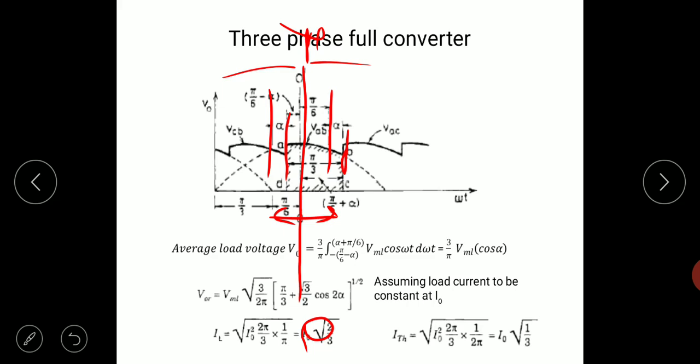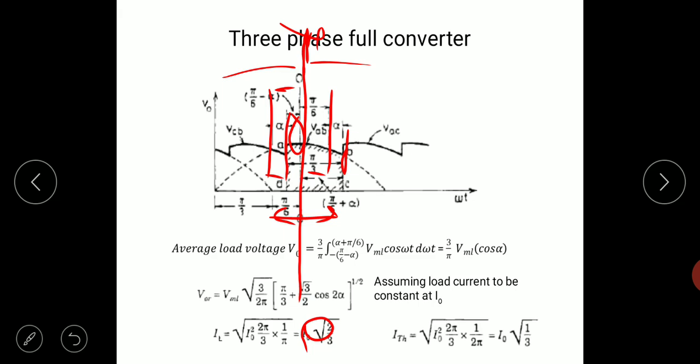So for this y-axis, this interval is now 30 degree minus alpha. Total is 30 degree and this much is alpha, so this becomes 30 degree minus alpha.